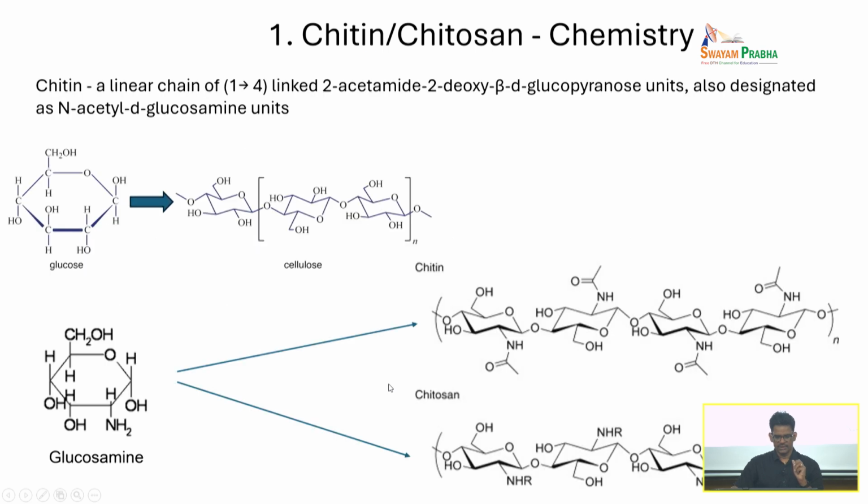If you look at the chemical details, there are a lot of similarities between cellulose and chitin. If you recollect, where do we draw cellulose from? Any examples? Wood, sugarcane bagasse, right? Various other agro waste from which we can get cellulose, mostly from wood and plants.